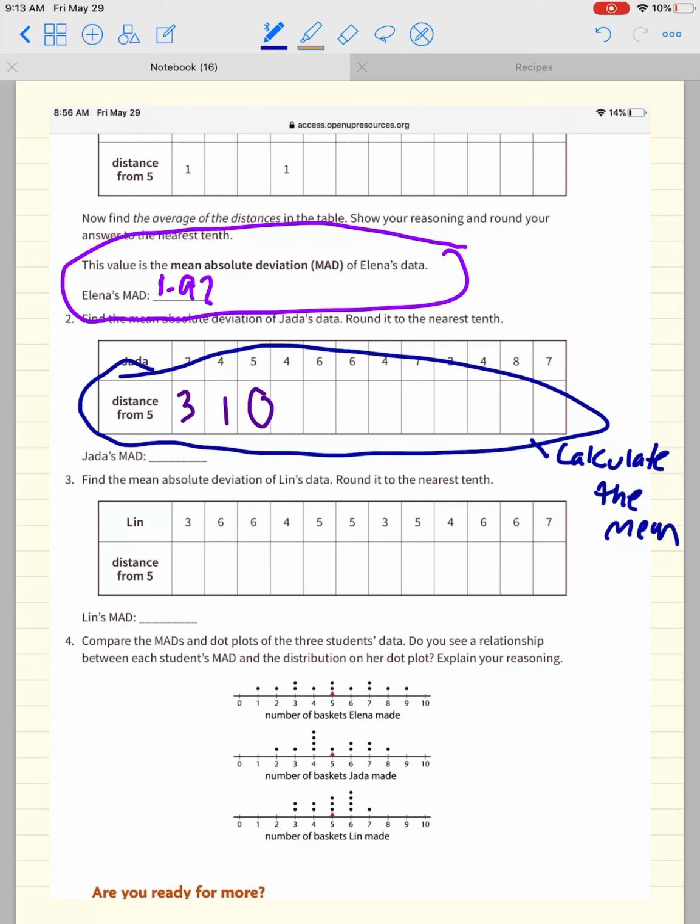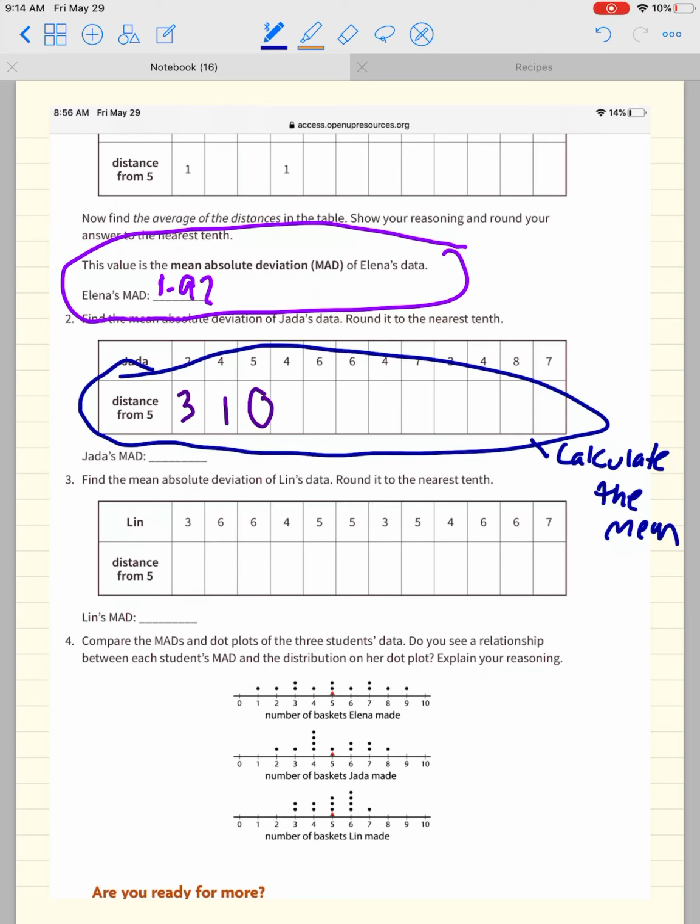And then you're going to look at the dot plots and see how the relationships relate to the dot plot. So maybe one of them has a much bigger deviation, and maybe one has a much smaller deviation. I want you to think about which graph has a smaller deviation and which one has a bigger deviation, and how that makes sense. So is Lynn, who has very consistent and clumped data in the middle, going to have a bigger deviation from the mean or a smaller one? That's what you're going to look at once you do your calculations.